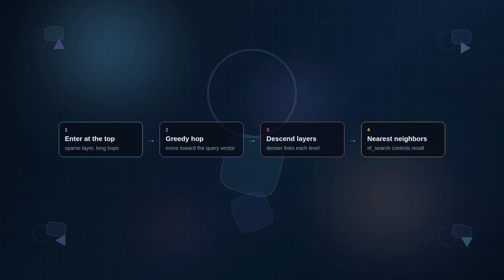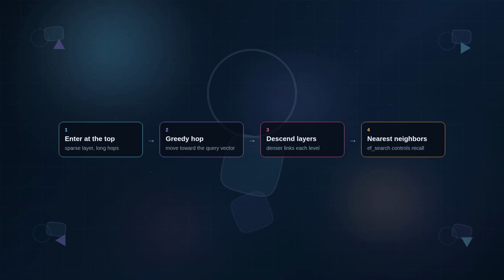The default is 64. A larger value builds a higher quality graph, again at the cost of build time. At query time, you set EF search, the size of the candidate list the search keeps as it walks the graph. This is your live recall versus speed dial. Raise it, and the search considers more candidates, finds better neighbors, and runs a little slower.